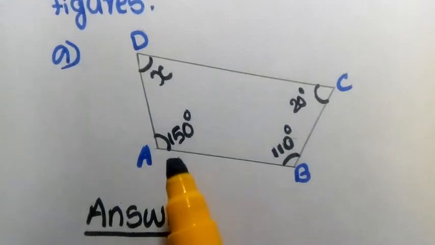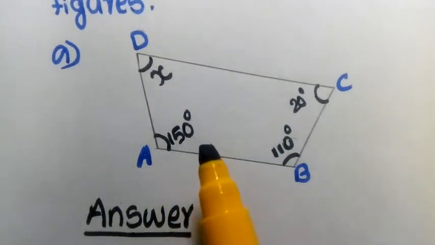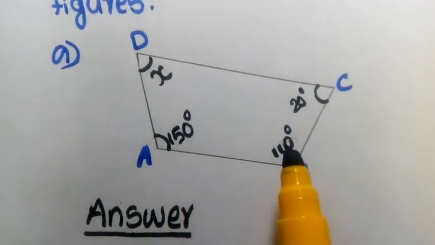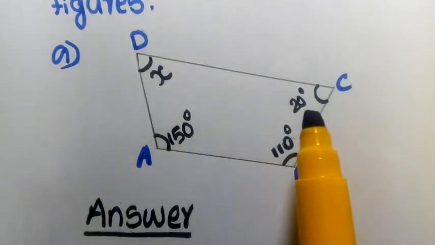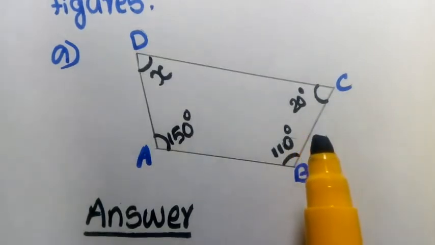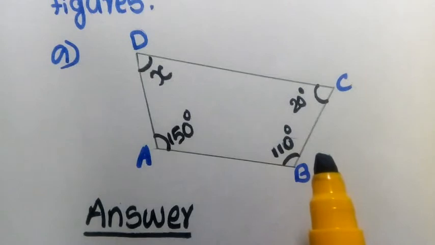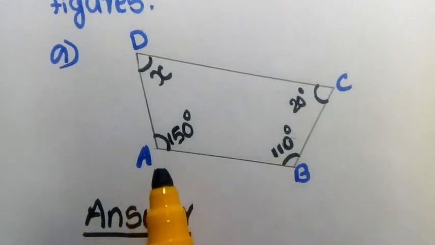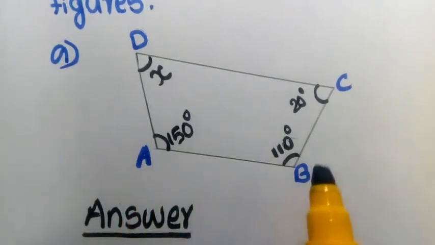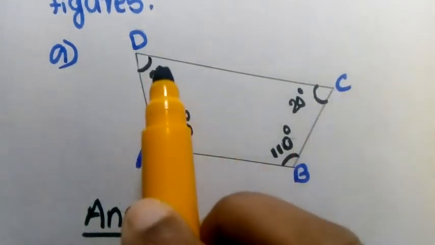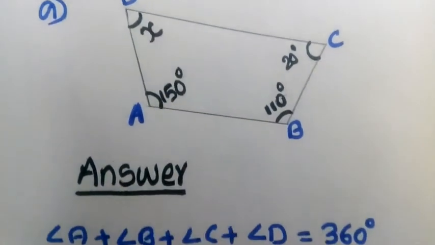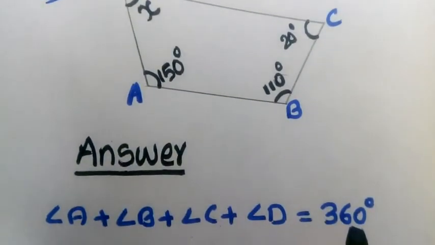Given angle A is equal to 150 degree, angle B is 110 degree and angle C is 20 degree. We know that sum of the interior angles of a quadrilateral is 360 degree. So, angle A plus angle B plus angle C plus angle D is equal to 360 degree.